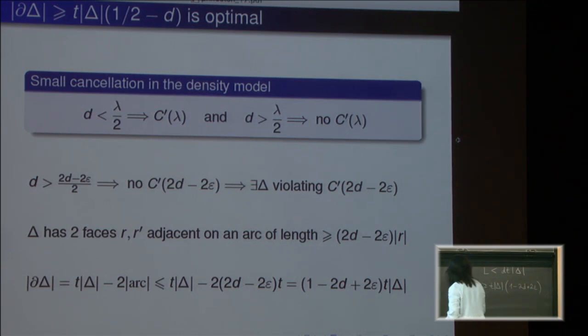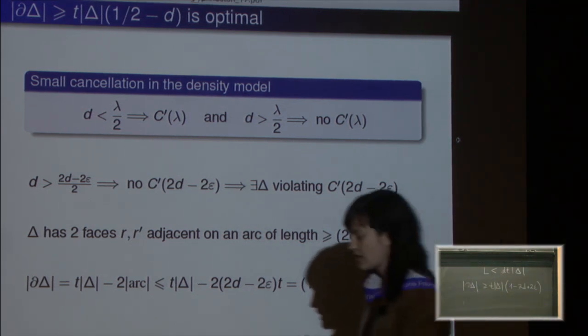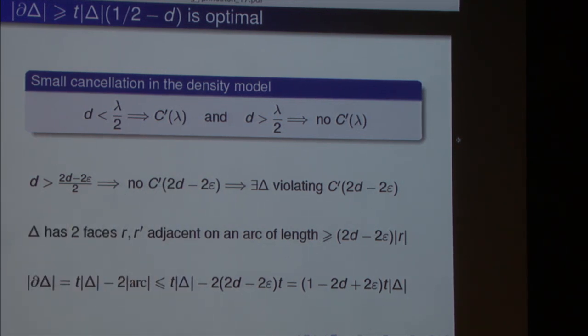So what it means that I don't have small cancellation with this constant is that I have a piece which is long, right? I have two relators which have a common piece, and this common piece is long. And actually I know how long it is. So it means that I have this situation.